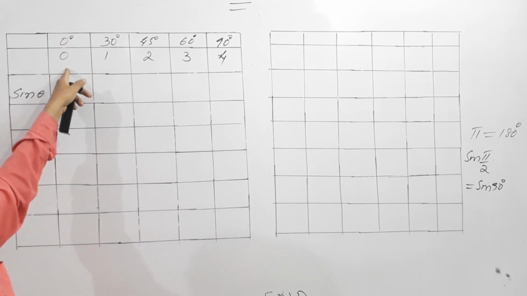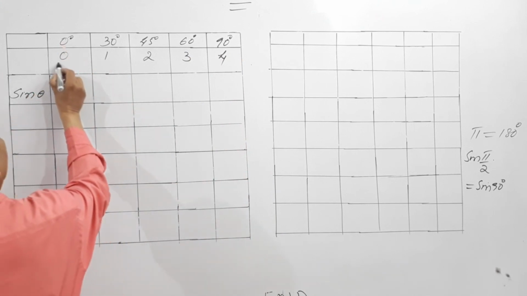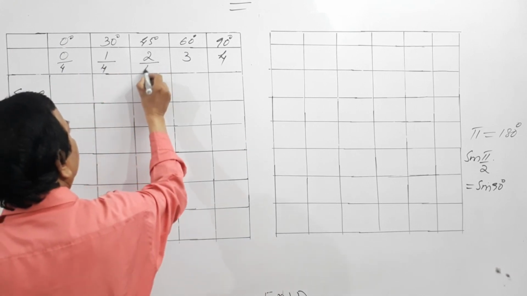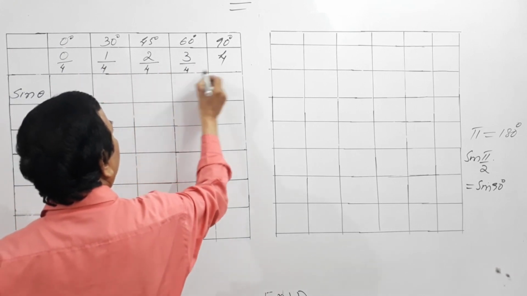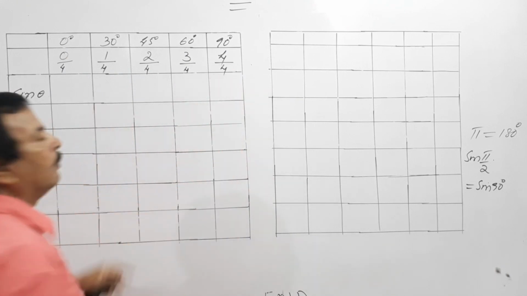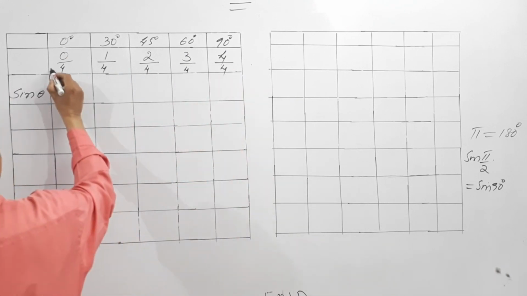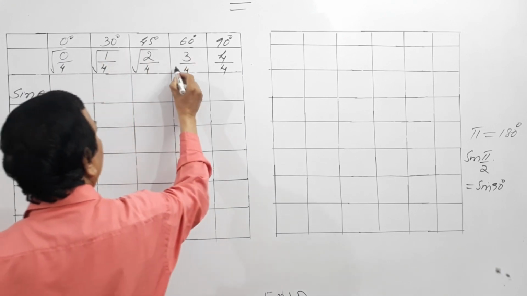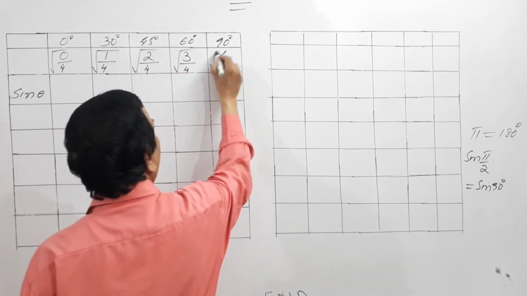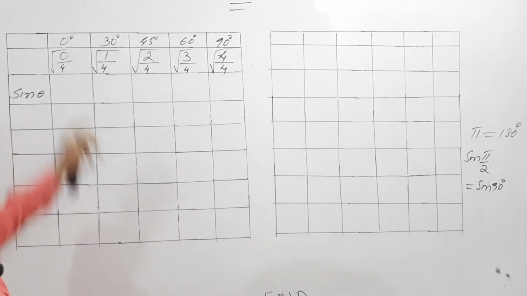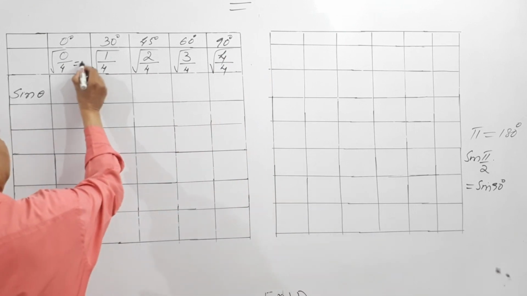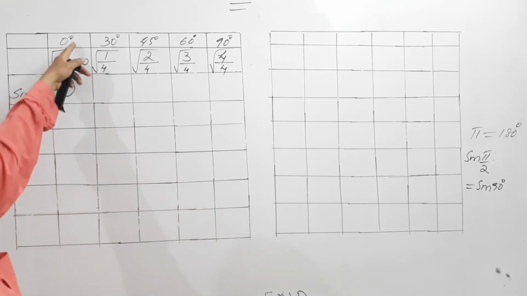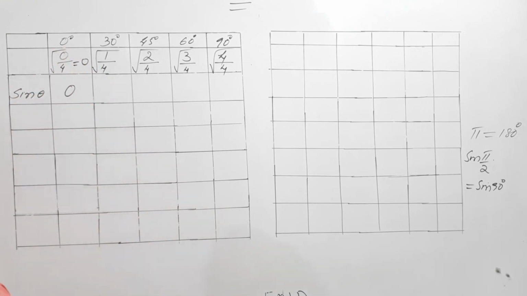Divide each value by 4, and take the square root of this. So 0 by 4 is equal to 0. So sin 0 is 0.